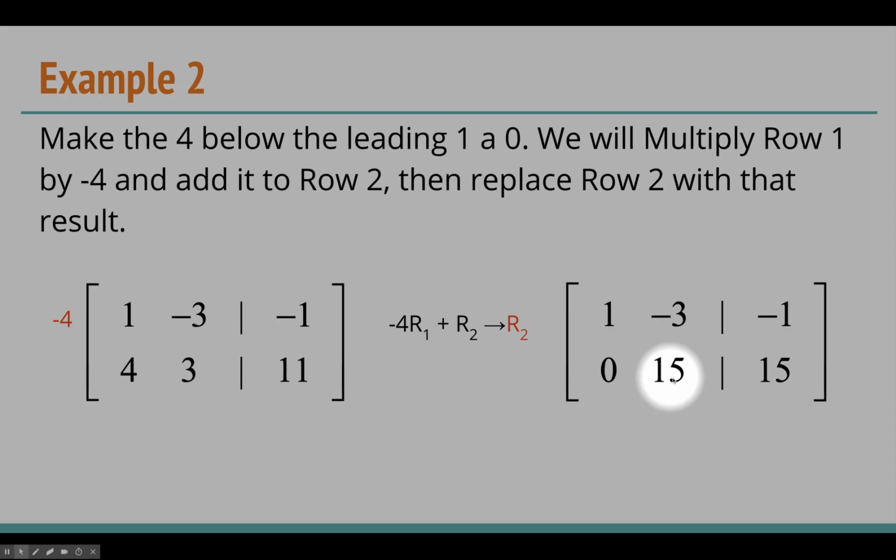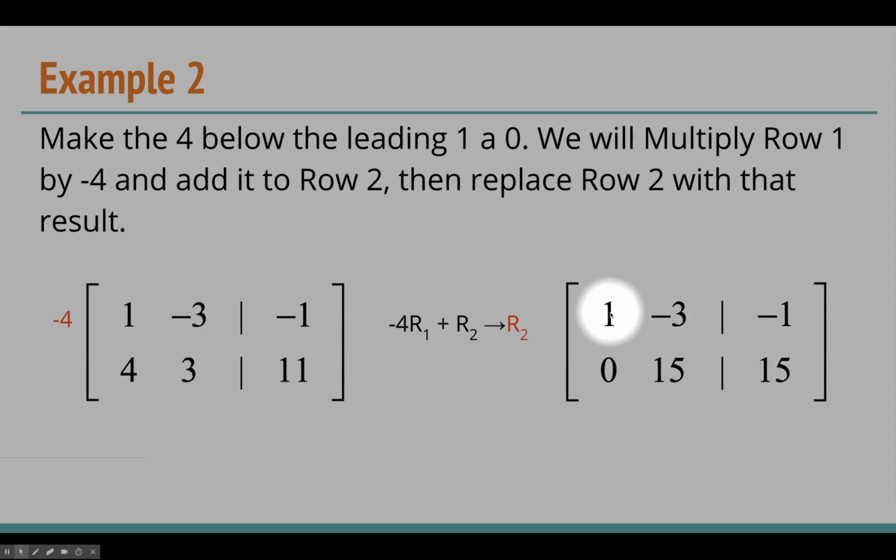Now, to get this entry here, I'm going to do -4 times -3 is +12. +12 plus 3 gives me +15. And then the last piece, -4 times -1 is +4. +4 plus 11 gives me another 15.